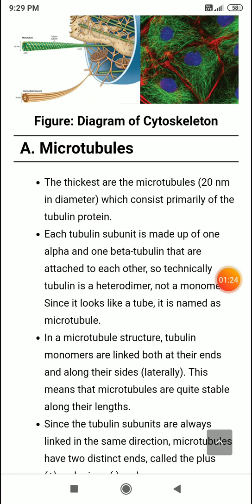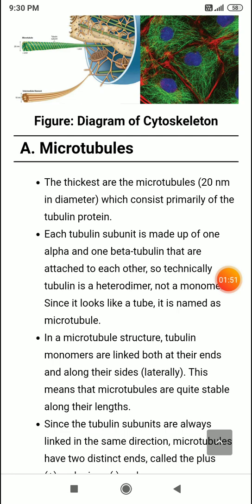The thickest are the microtubules, 20 nanometers in diameter, which consist primarily of the tubulin protein. Each tubulin subunit is made up of one alpha and one beta tubulin attached to each other.